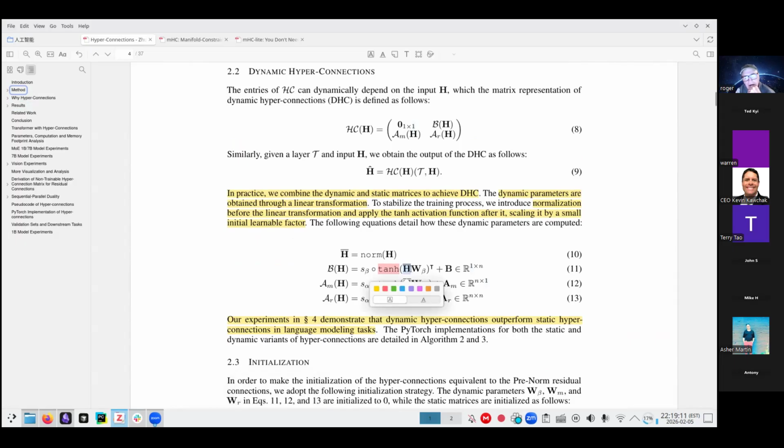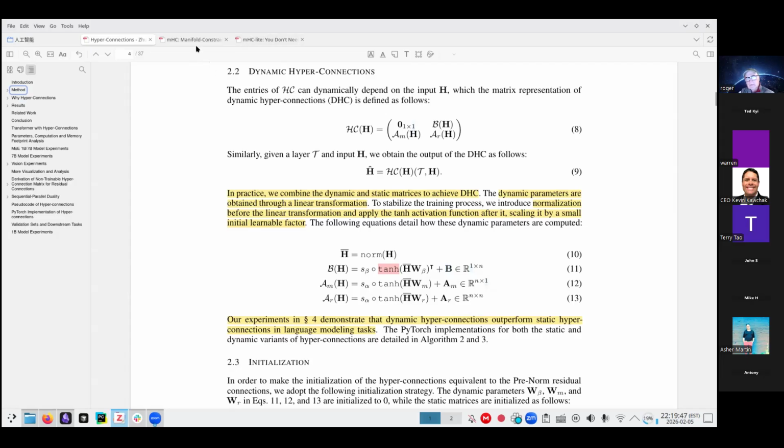It's just the stream multiplied by another matrix. This is parameterized and trainable, then goes through a tanh activation, and then another trainable scalar. They also add another static trainable parameter. So it's a mix of static and dynamic.